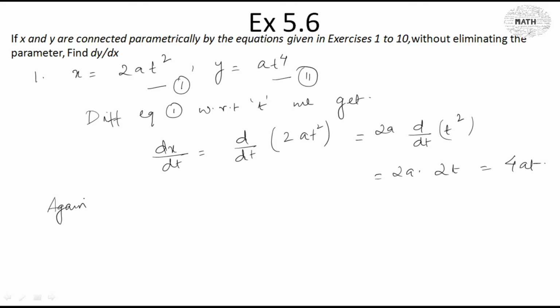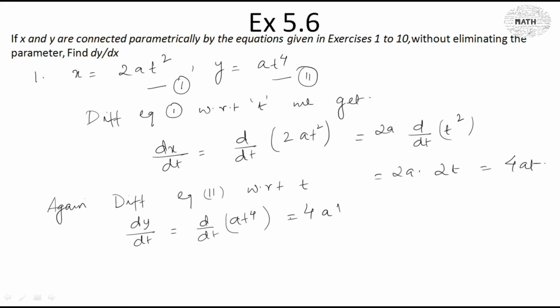In a similar way, differentiating equation 2 with respect to t, dy by dt will be equal to d by dt of at to the power 4, which is nothing more than 4at cube.